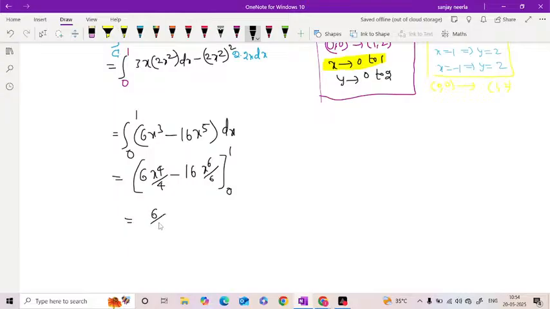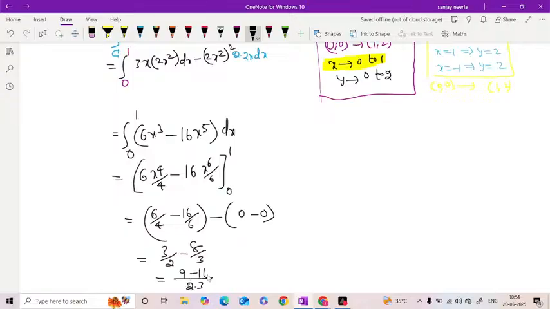So 6 by 4 minus 16 by 4 for the upper limit, minus 0 for the lower limit. So it is 3 by 2 minus 8 by 3. After taking LCM, which is 2 into 3, now 9 minus 16.